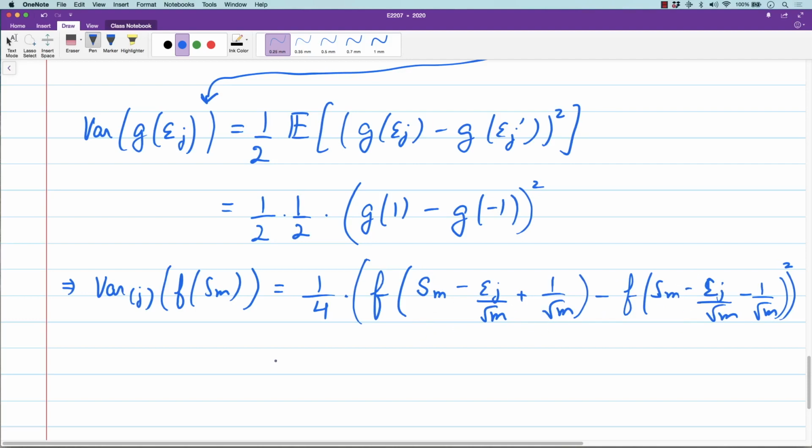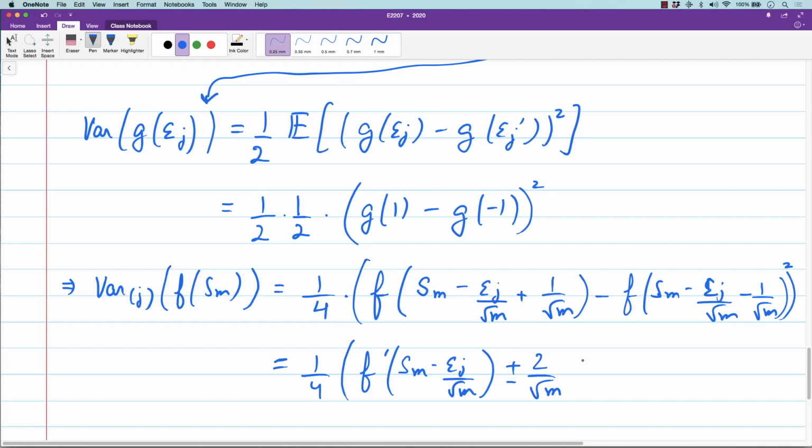Therefore, we can bound it by 1 by 4 times f prime of Sm minus epsilon j by root m, times 2 by root m, and then the second derivative comes in.